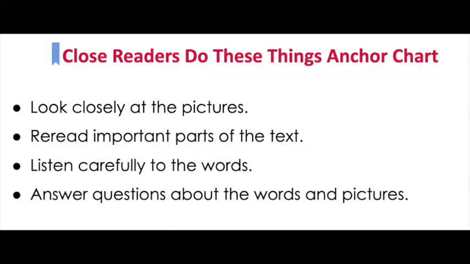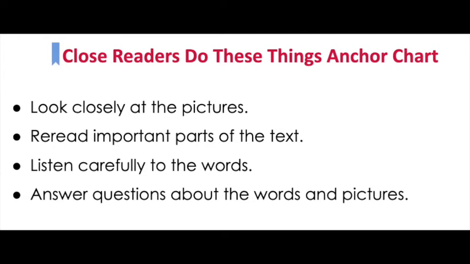Close readers have to do a couple of things when they're reading closely. Let's look at this anchor chart. The first bullet says, look closely at the pictures. The second bullet says, reread important parts of the text. That means that we're going to be reading the portions of the text more than one time.